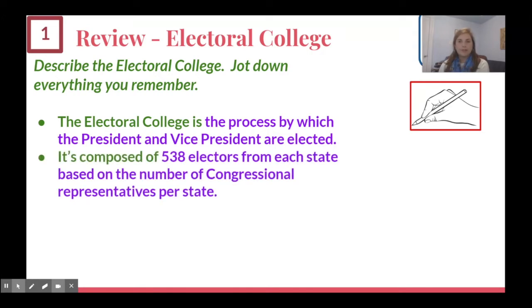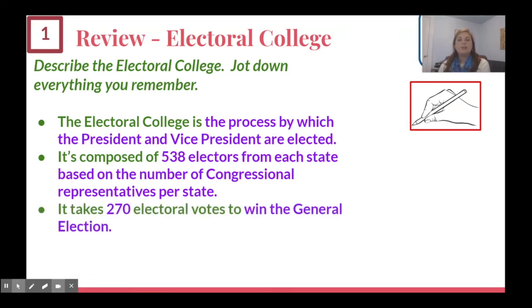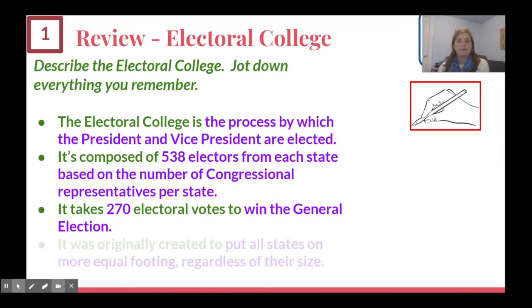It's composed of 538 electors from each state based on the number of congressional representatives per state. So meaning the number of people from each state that are in the House of Representatives and the number of people from the Senate. It takes 270 electoral votes to win the general election.